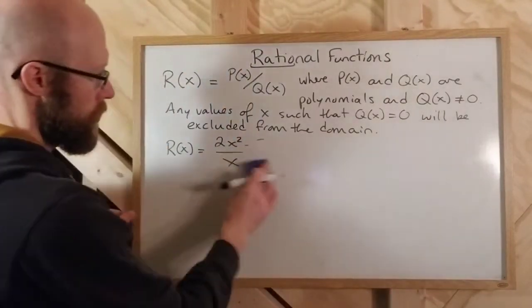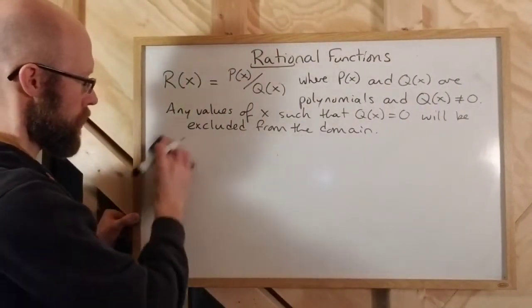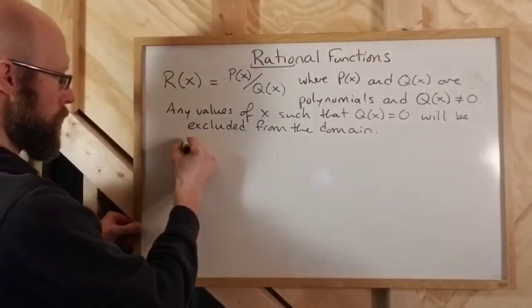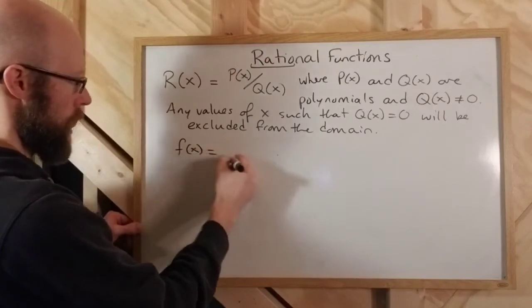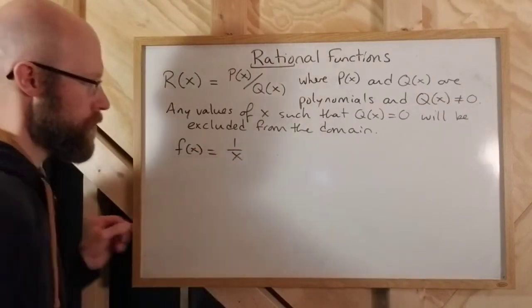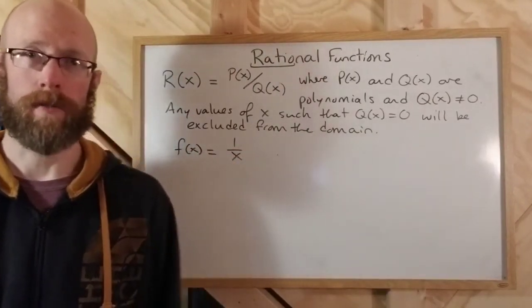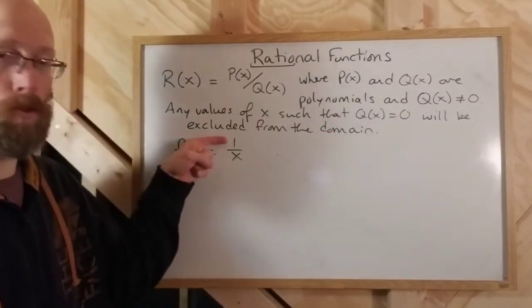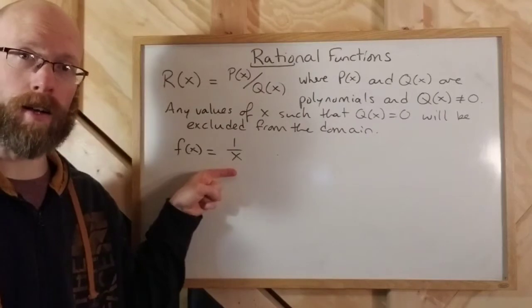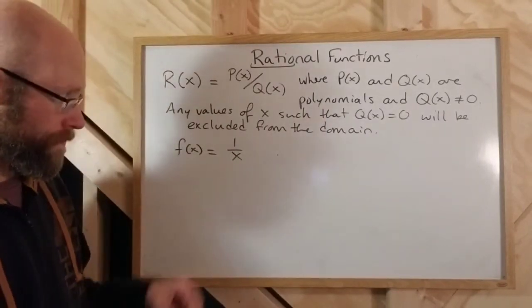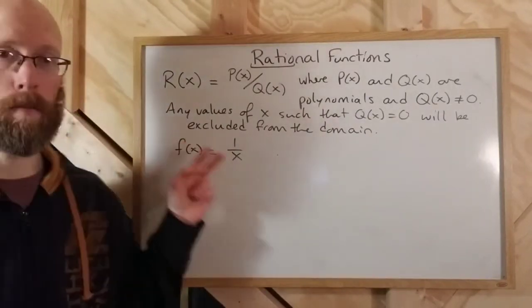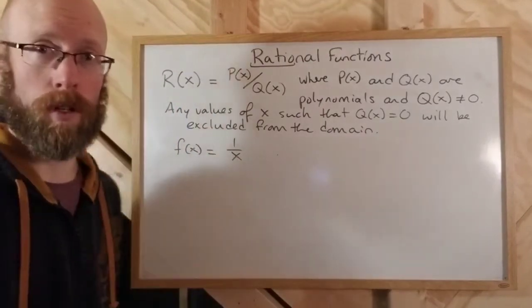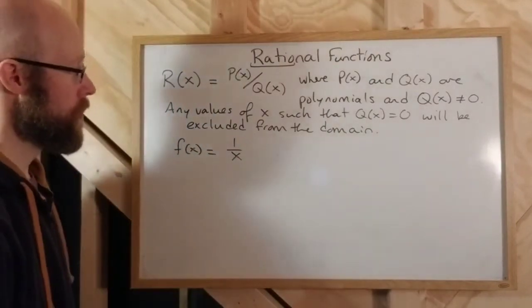Now, let's take a look at that reciprocal function. It's the one that we've seen in the past when we dealt with our library of functions. It's the 1 over x function. Now, this is technically a rational function. We have the polynomial 1 over the polynomial x. It is monomials on top and bottom, but it's still polynomial, so we'll consider it a rational function.